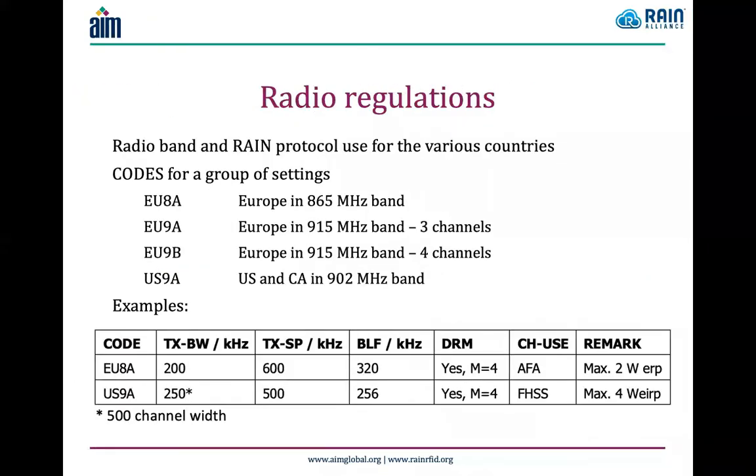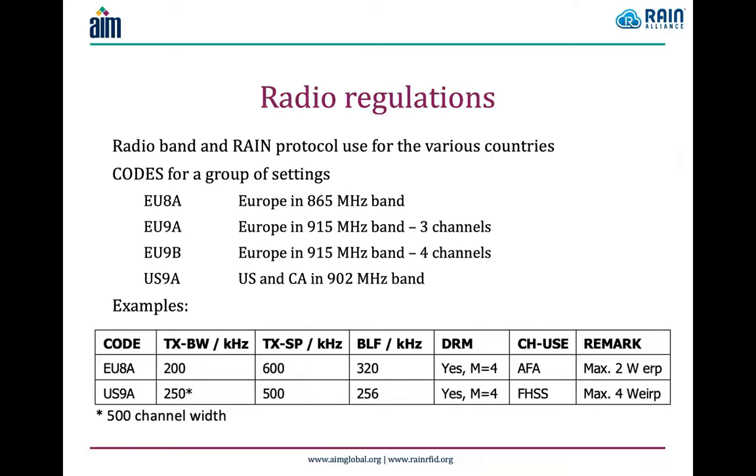Good. One aspect here is the topic of radio regulations. I mentioned already in the introduction that the radio band and the RAIN protocol allow a couple of options. And what we developed here in the System Design Guideline is we gave them codes, and the codes should allow us to reduce the number of different settings.